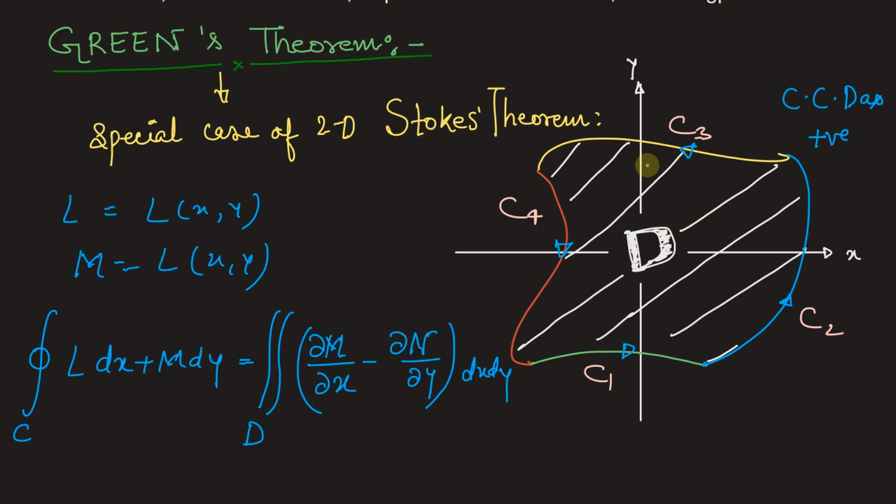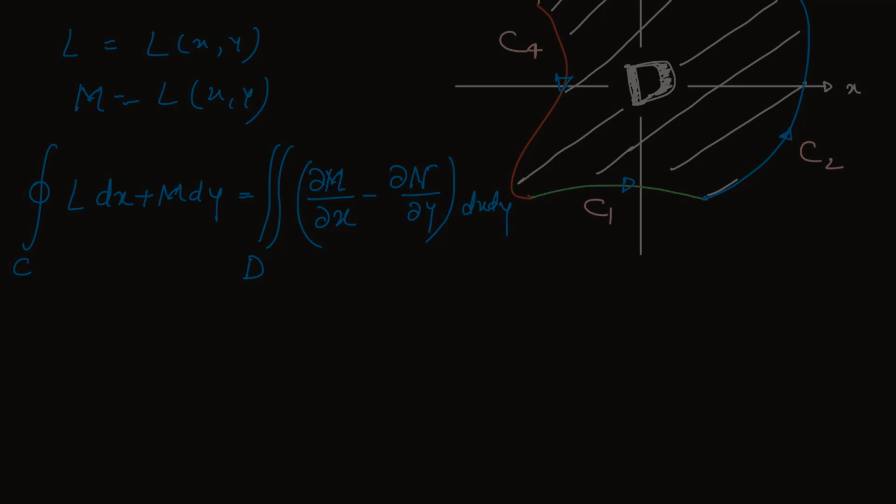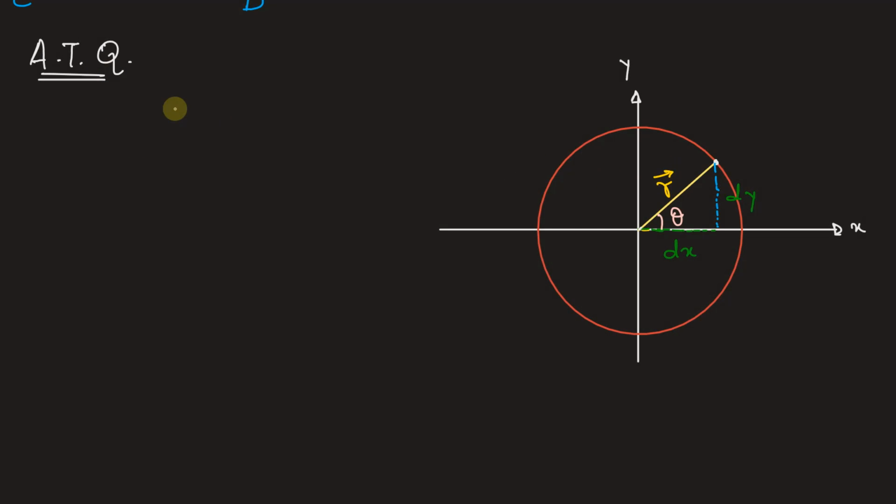Now according to the problem, this closed path is a circle whose radius is 4 by root pi units. So let's draw a separate diagram for this. C is a circle taken in the counterclockwise direction with a radius of 4 by root pi.